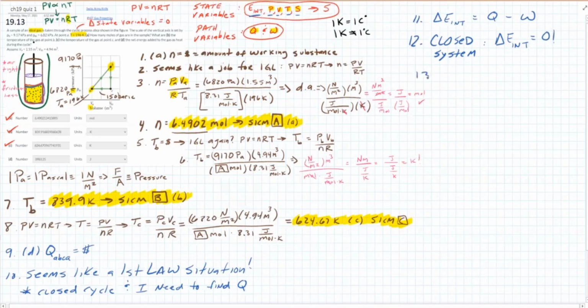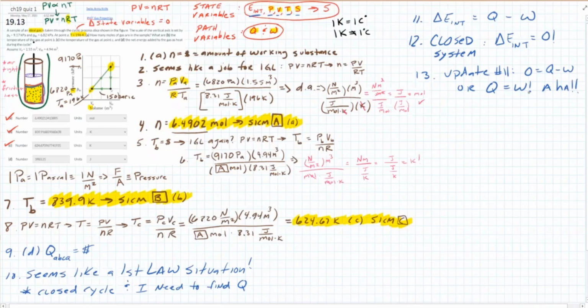That's why I'm thinking of the first law, because if I update number 11, I now have 0 equals Q minus W, or Q equals W. So that's major. Aha.